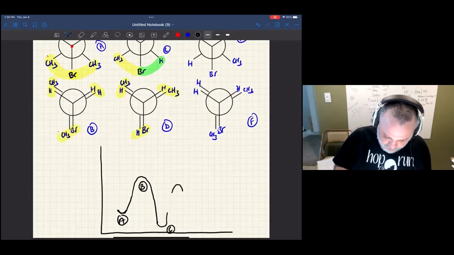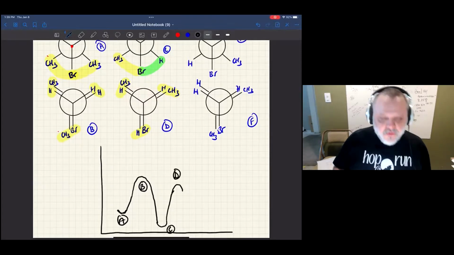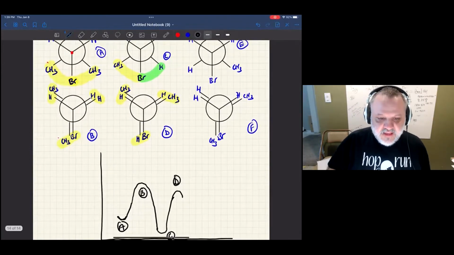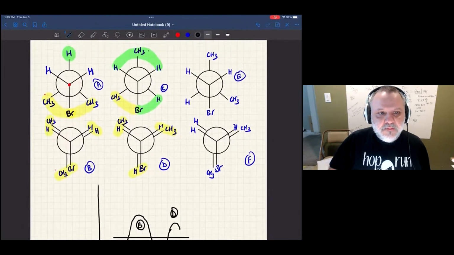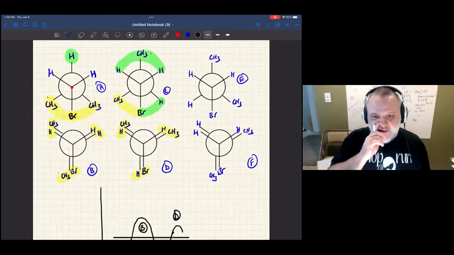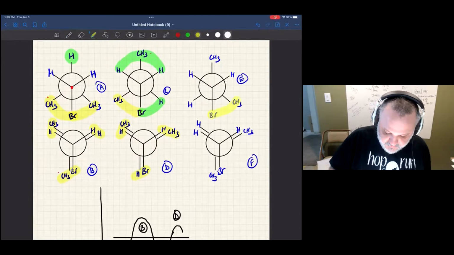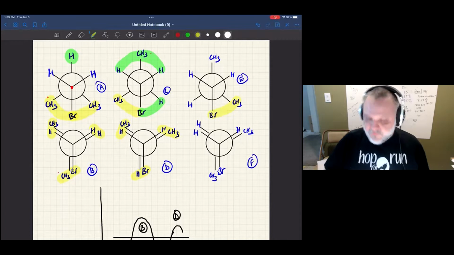So I'm going to draw my next maxima, D, at a lower energy level than I did for B. Okay, so let's take a look at the next one because we've got to figure out where the next minima goes. Similarly to the first one, I have a CH3 interacting with a Br on the right.